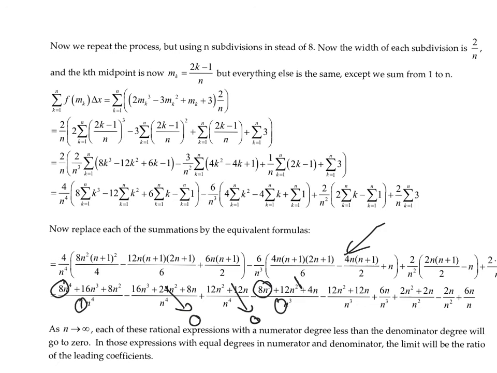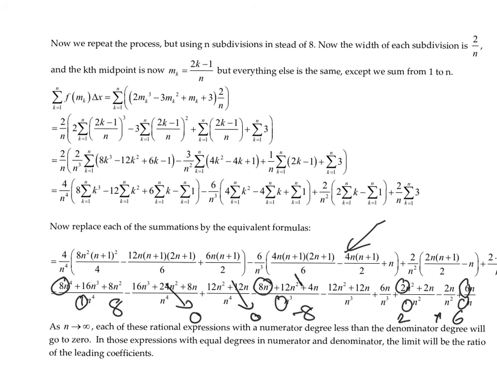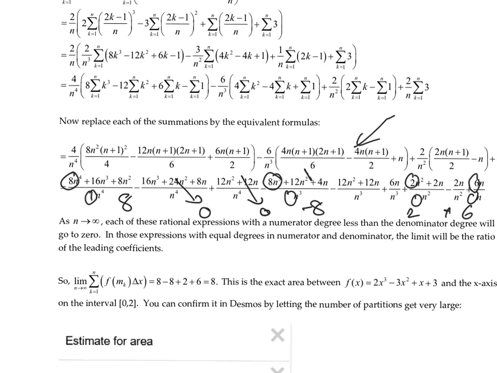So as a result, we get limits of 8 and minus 8 and 2 and 6. So in other words, 8 minus 8 plus 2 plus 6, or 8.